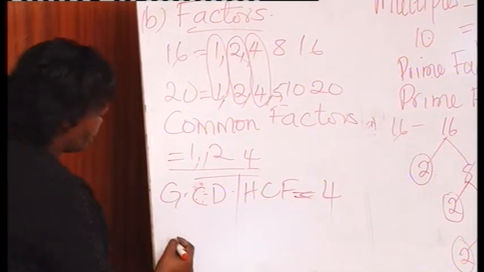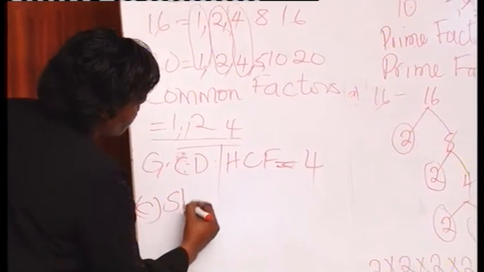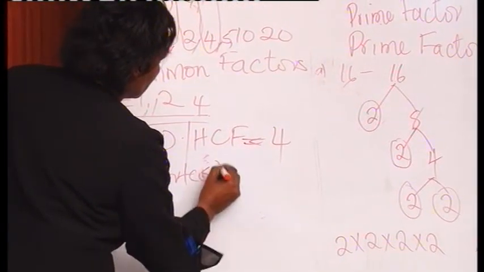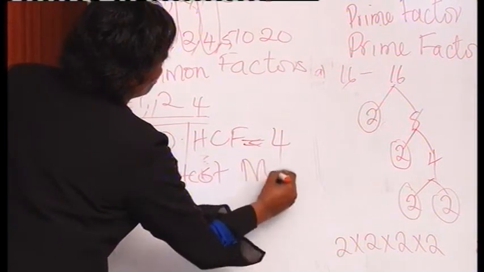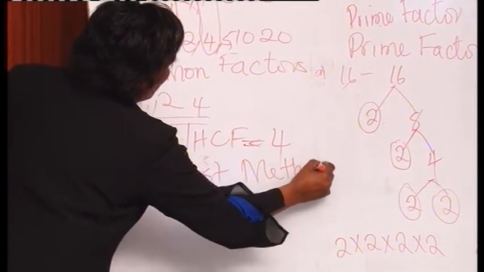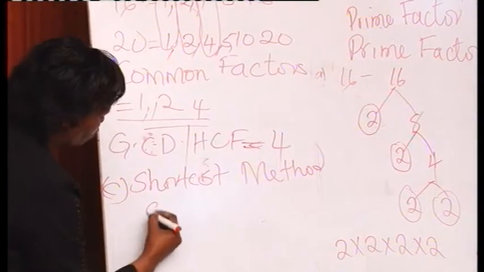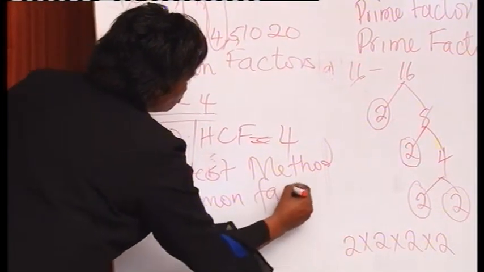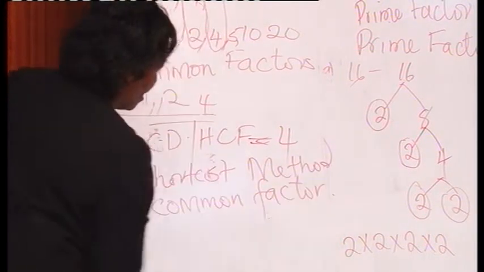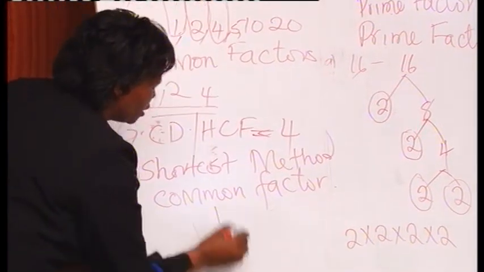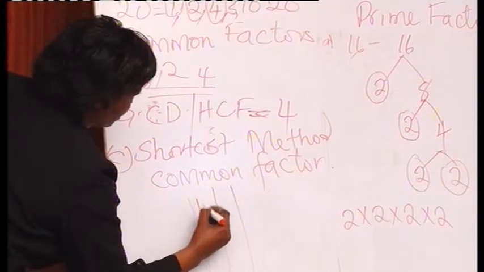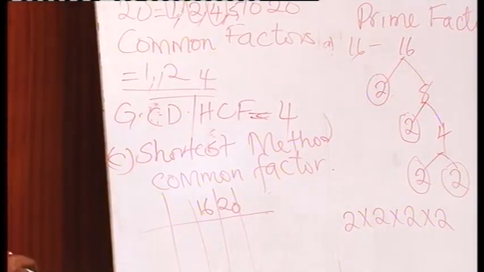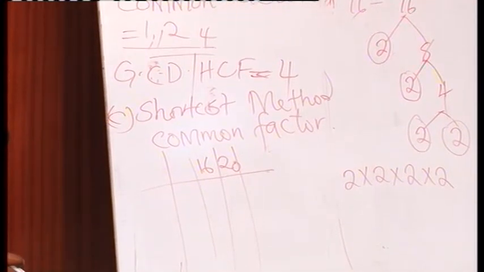Now the third method, and the shortest method of getting the GCD, is where we use only the common factors. You use the shortest method ever, whereby you list the two numbers, that is 16 and 20, then you continue dividing those numbers by the common factor.